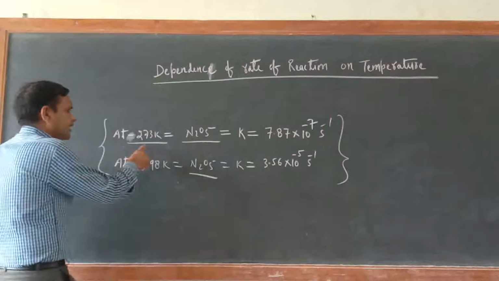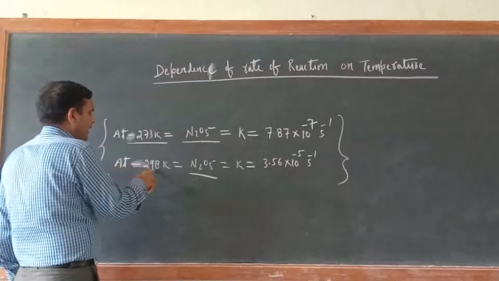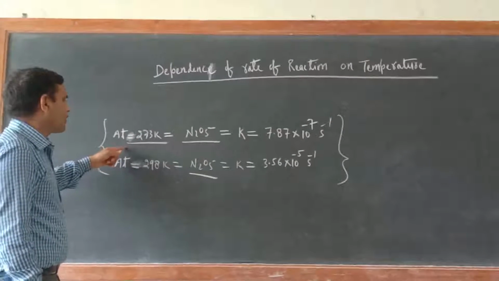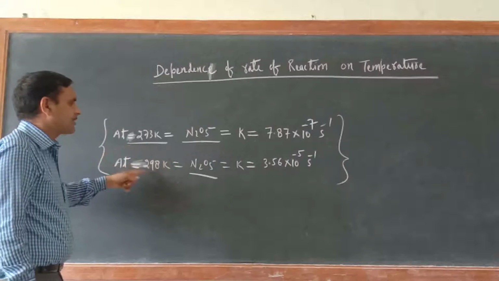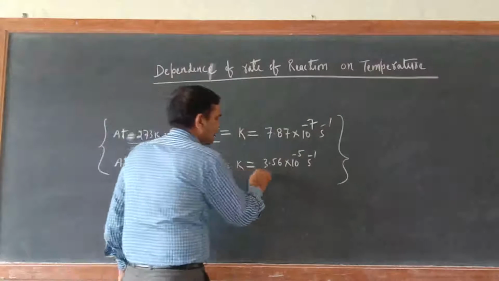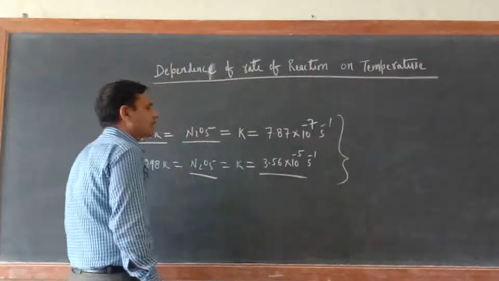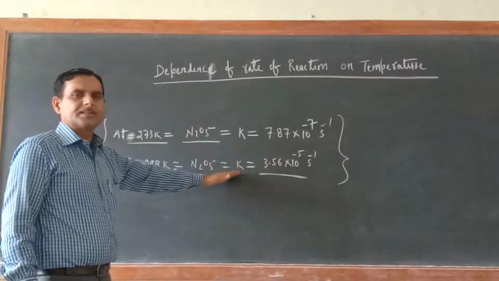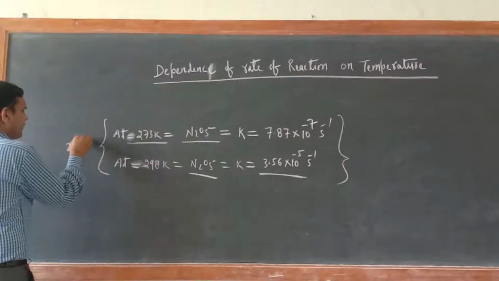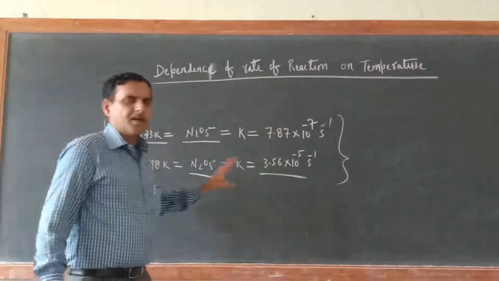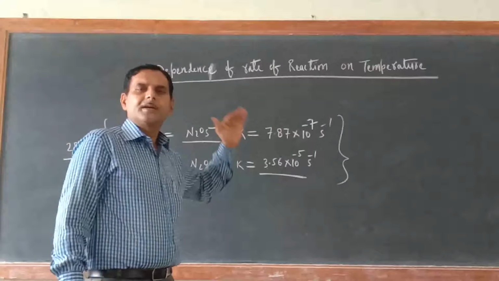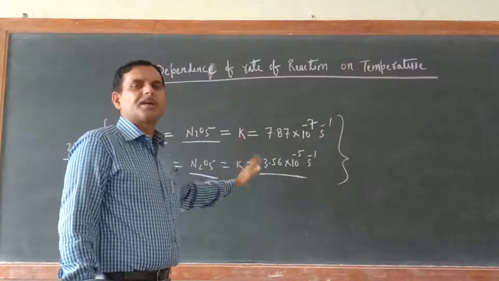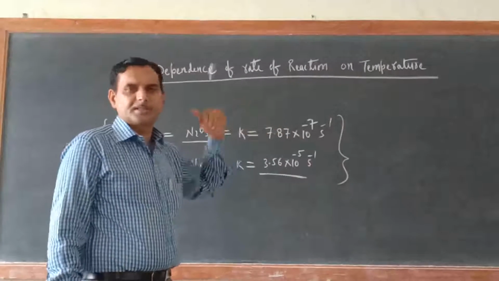When the temperature was increased to 298, this is not a minus sign, this is equal, 298 means near about 25 Kelvin temperature was increased. The K value was found to be 3.56 into 10 raised to the power minus 5 second inverse. Means rate constant value increases with the rise of 25 Kelvin temperature. This experiment shows that with the rise of temperature, the rate constant or rate of reaction increases.